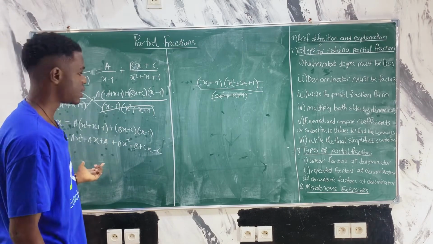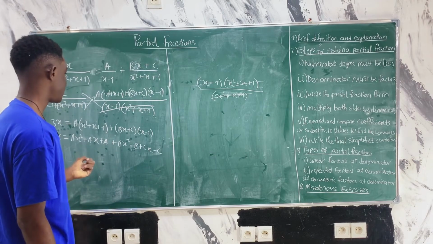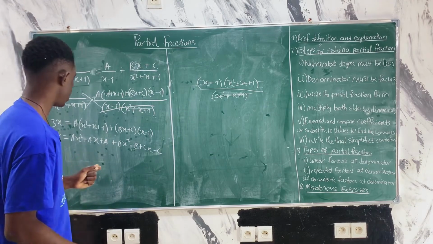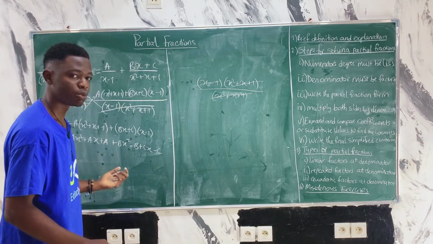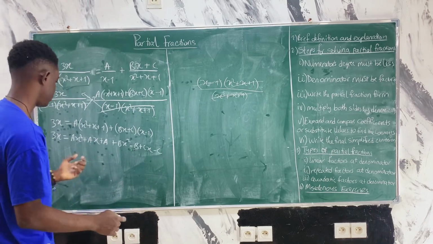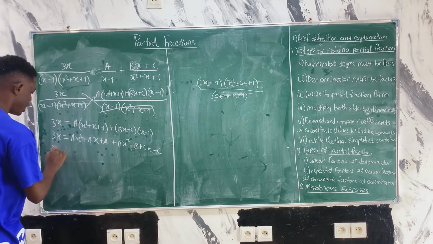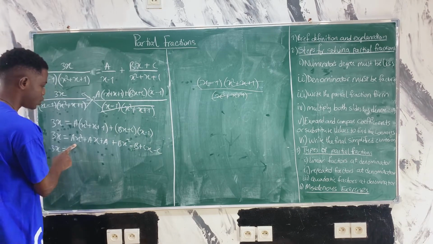So when you expand like this, you bring the like terms together. I bring everything that has x squared together.